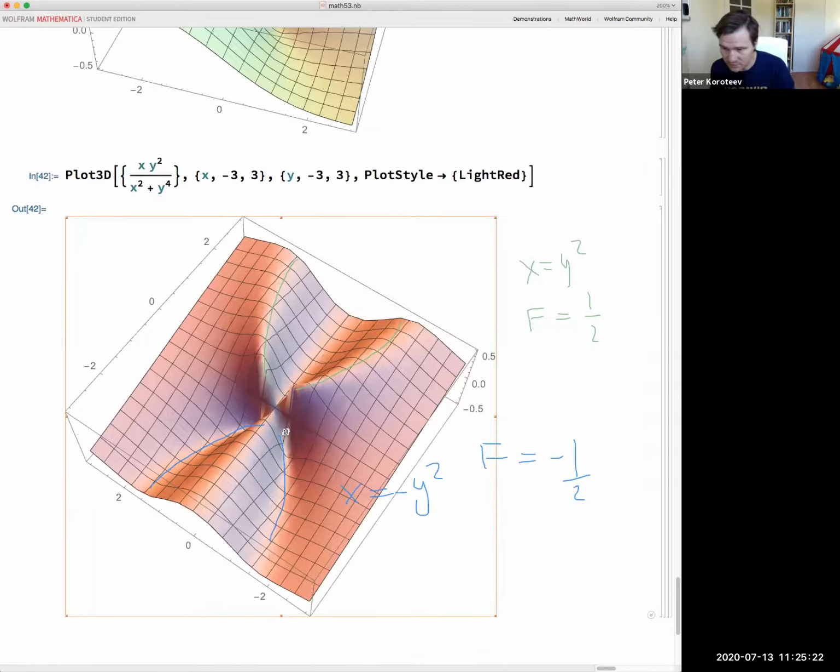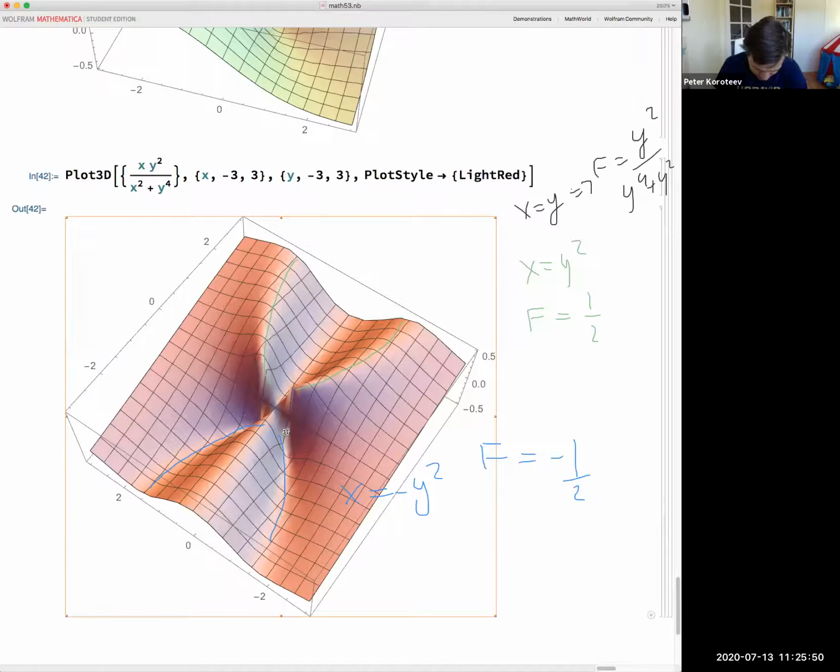Now, let's see what others are doing. So Amok did x equals y, and x equals minus y. If you do x equals y, you'll get y cubed over y to the 4th plus y squared, right?